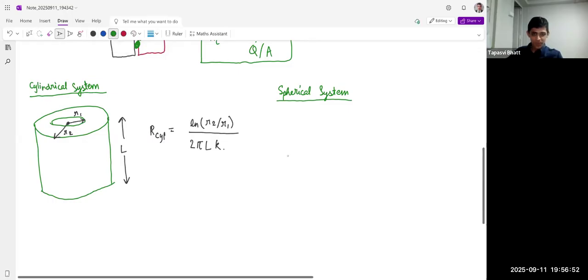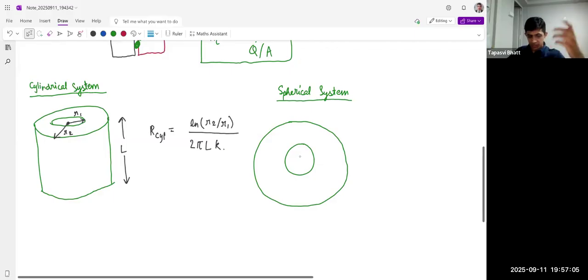So, spherical system, let's say it looks like this. Okay, I cannot draw a sphere in a 2D plane, so this is how it's going to look in the projection view. So, again, this is R1, this is R2.